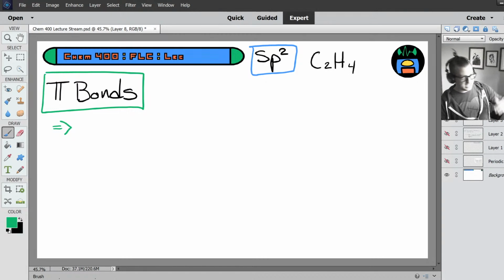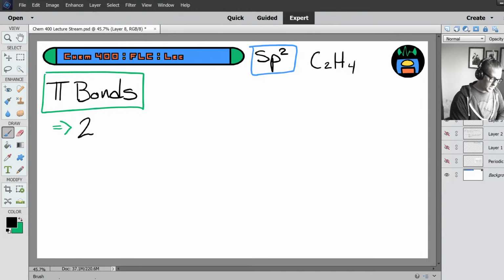Okay, that's exactly it. It's like the pi bond is the top and bottom of a hamburger bun. So pi bonds have two lobes. Whoops. So that isn't two pi bonds.